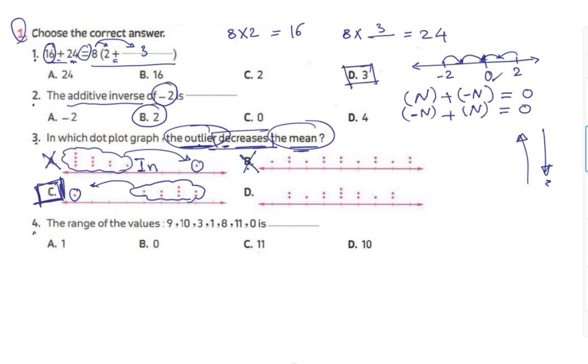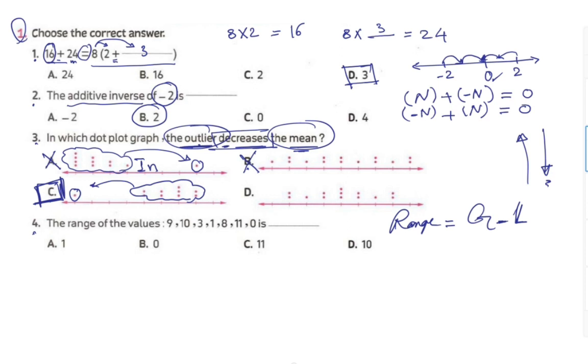Point 4. The range of the values 9, 10, 3, 1, 8, 11 and 0 is what? I know that the range equals the greatest value minus the least or smallest value.